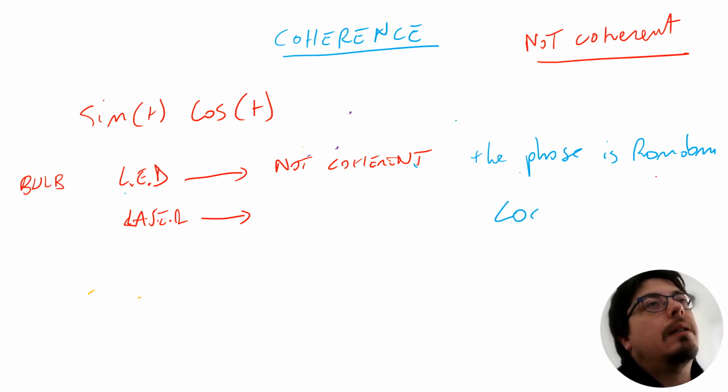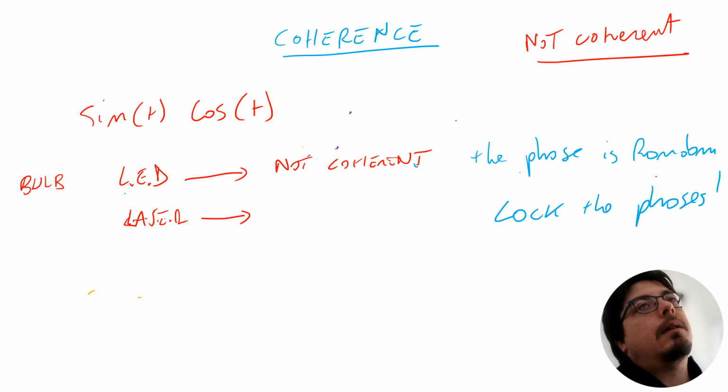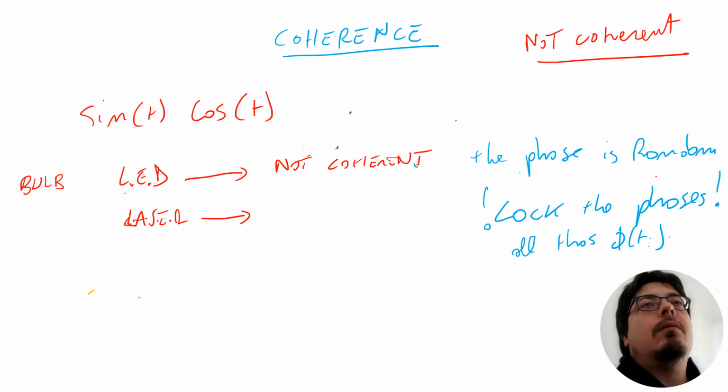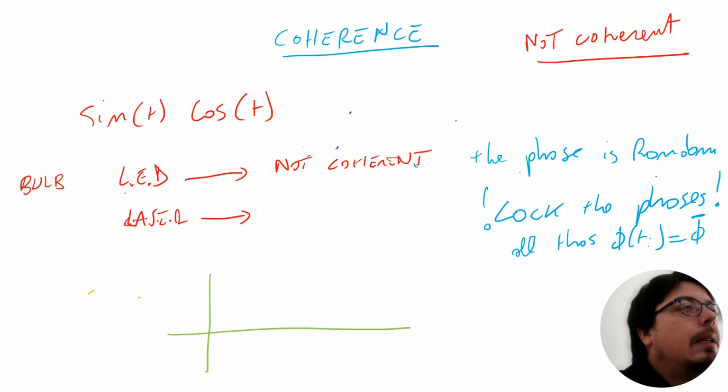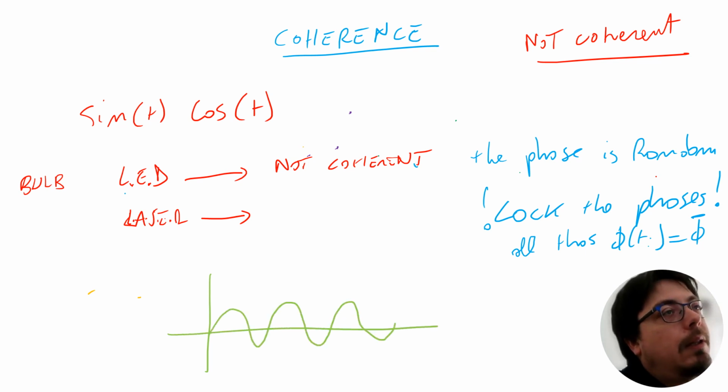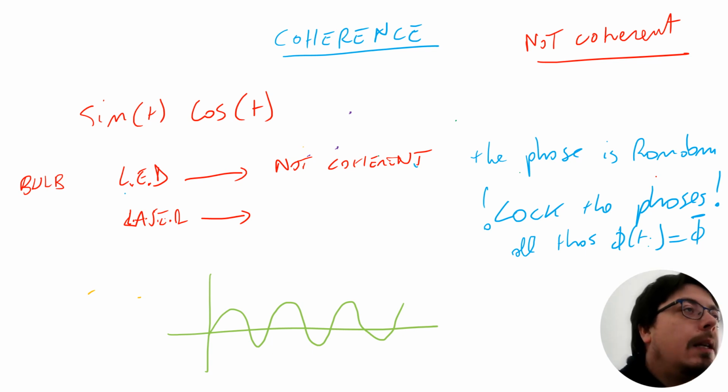If you lock the phase, locking the phases, meaning that all those phi of t of i will be equal to the same value phi, and that means that all the emitting light can have different amplitude possibly, but the initial condition is exactly the same.